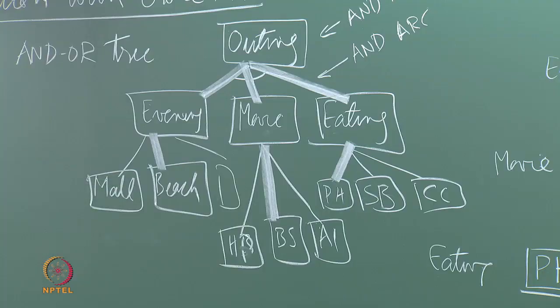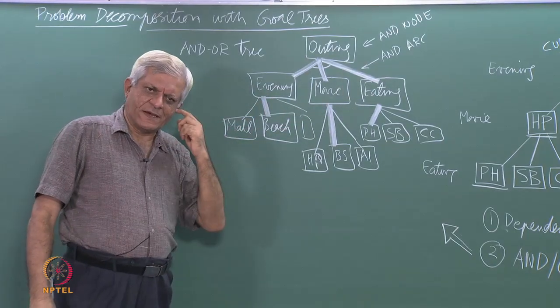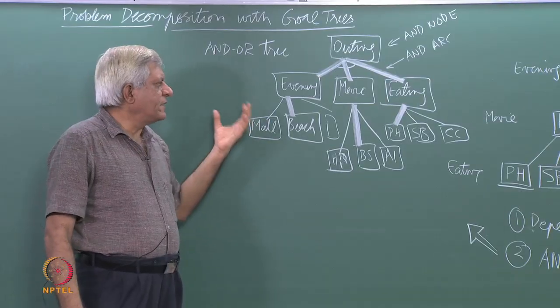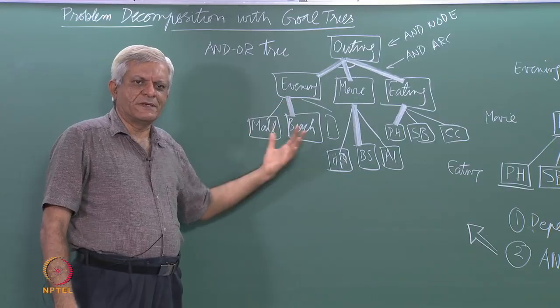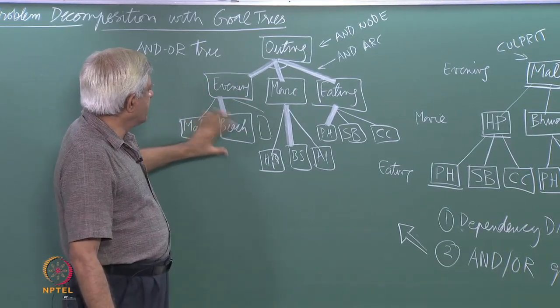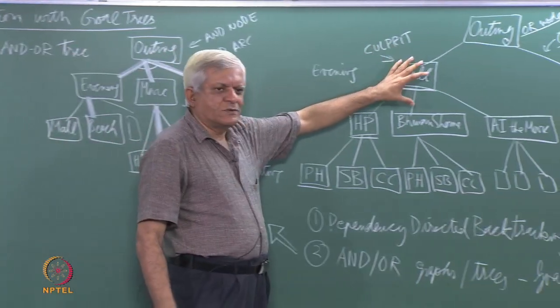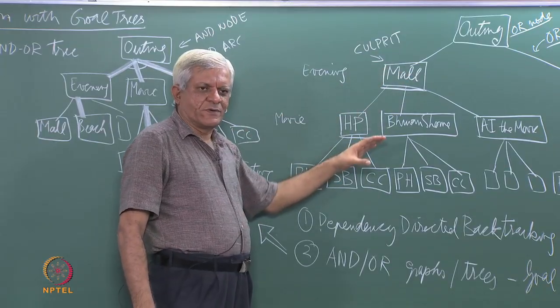So, the solution for this same problem is a subtree here. The solution in that formulation was a path. The important thing is that you have broken the problem down into 3 smaller problems and solve them independently of each other, which means that when you have to choose between mall and beach, you do this independent of the other things, whereas here once you choose the mall, then you are saying given the mall, what else should I search for.